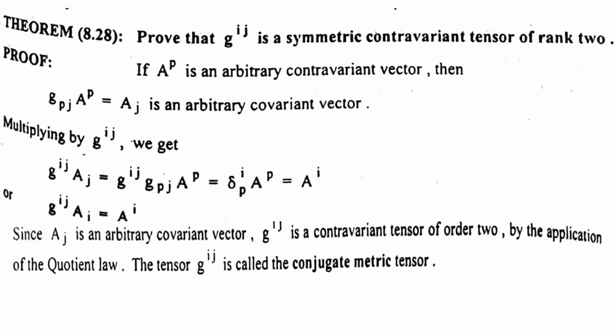When we contract, g^ij g_pj gives delta_ip, so delta_ip A^p, and again p is contracted, giving the result A^i. So g^ij A_j is equal to A^i. Since A_j is an arbitrary covariant vector, g^ij is a contravariant tensor of order 2.